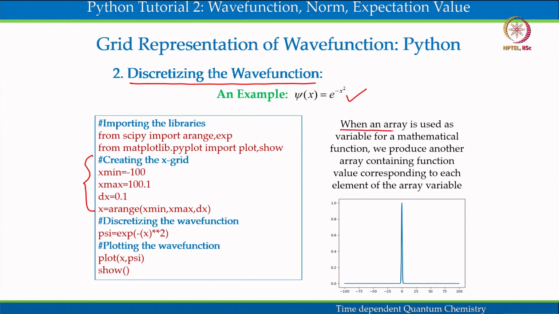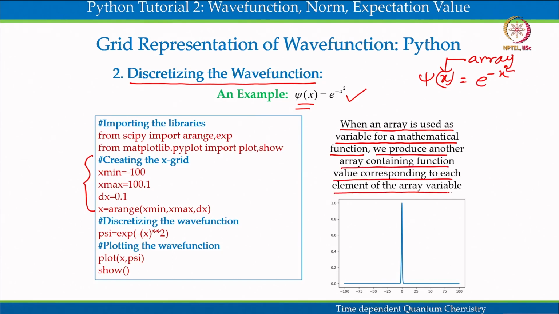When an array is used as a variable for a mathematical function such as this psi x, so psi x is an array, if we directly write psi x equals e to the power minus x square, then we produce another array containing the function value corresponding to each element of the array variable.